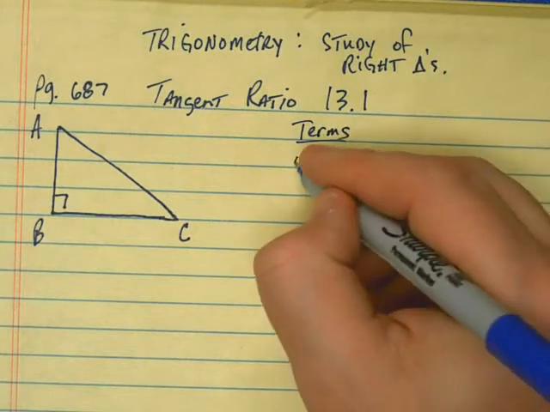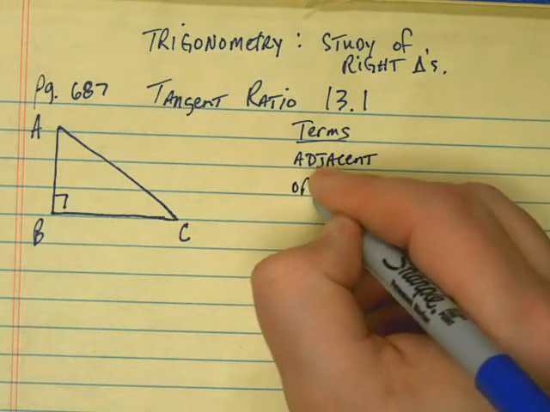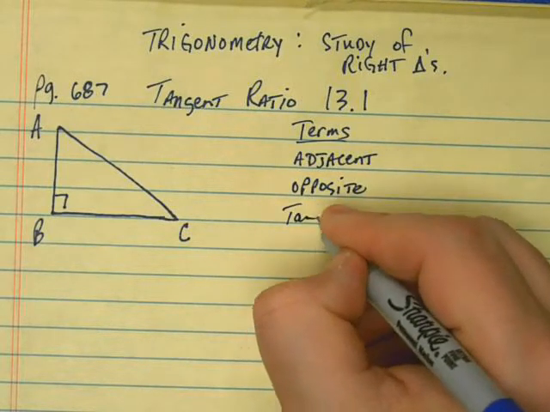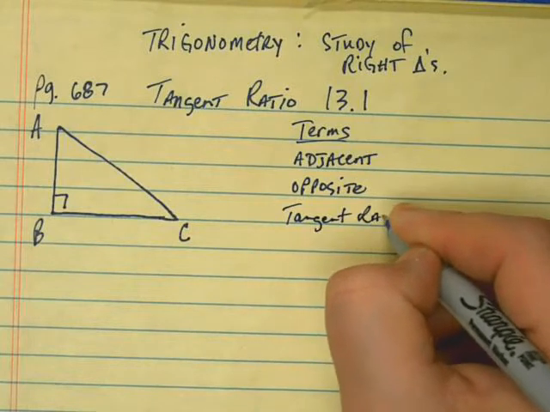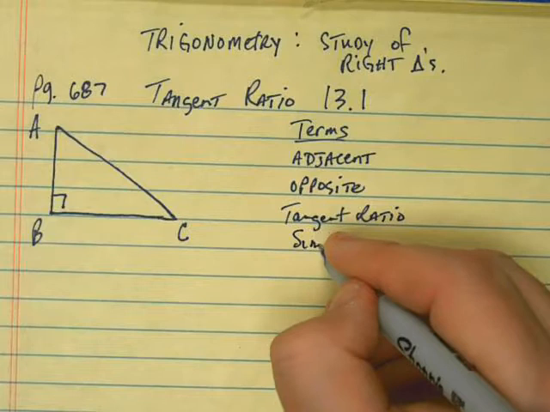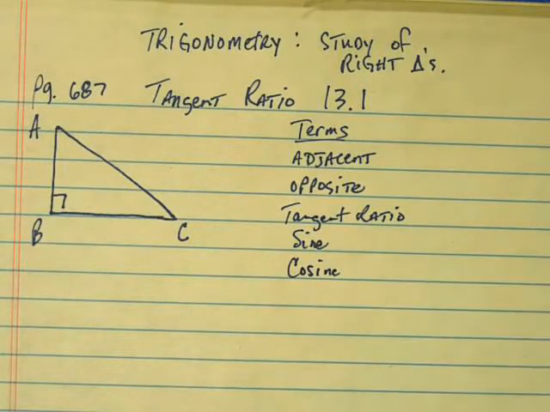The first one is adjacent, opposite, tangent ratio. Not today, we're not going to talk about these, but eventually we will. Sine and cosine.